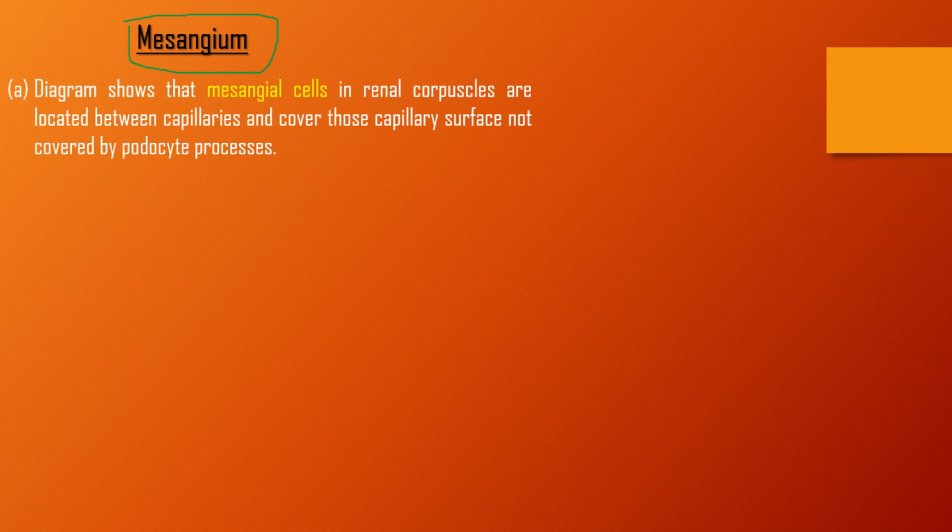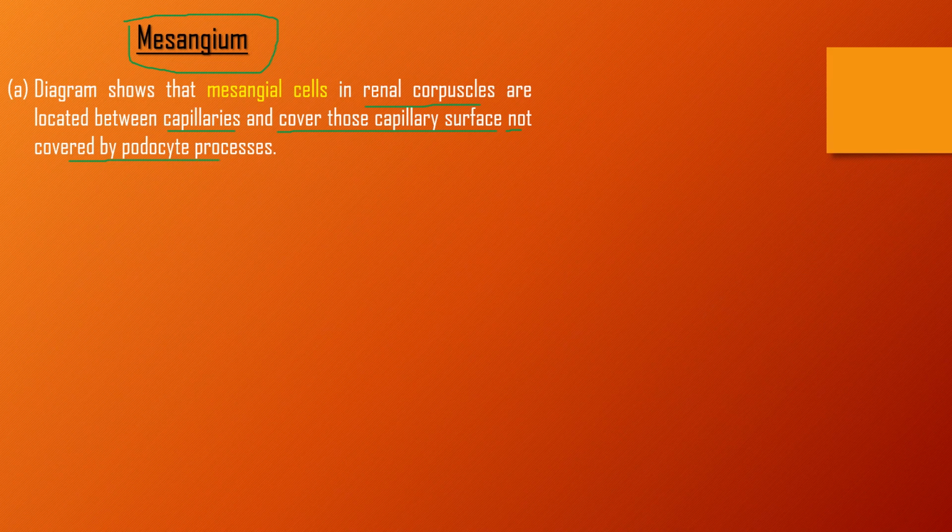Mesangium. Mesangial cells are the cells present in renal corpuscles, located between capillaries, and cover those capillary surfaces not covered by podocyte processes.